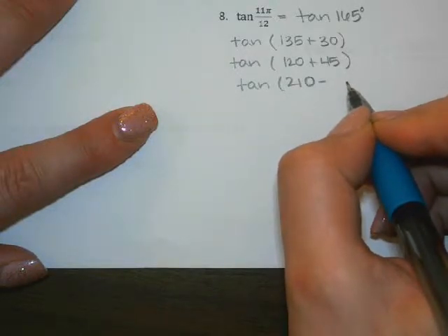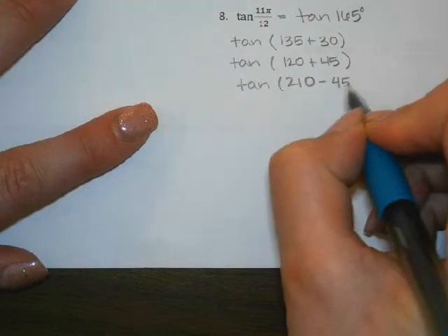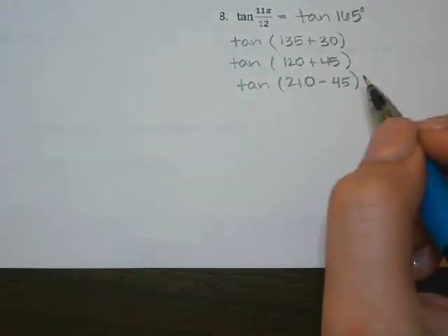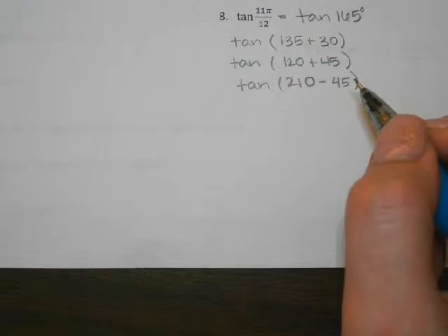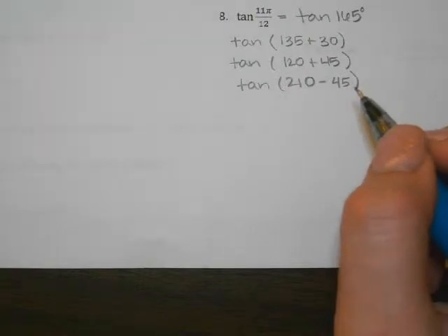What is it? 45. 210 minus 45 would get you to 165. So you don't necessarily have to do adding or subtracting. You could do either or, whichever one you want is fine.